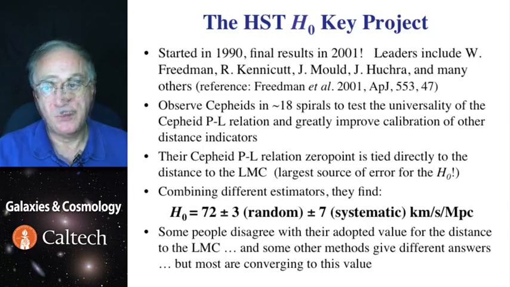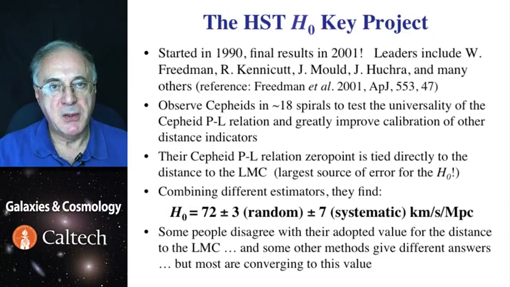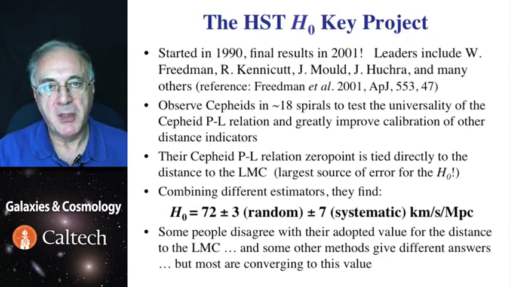the Hubble constant. Now, not only did this team perform wonderful measurements, but they're also very careful about their analysis, and they try to honestly account for every source of error they can think of. And the final result is shown here. Hubble constant turned out to be right in the middle of the disputed interval between 50 and 100 kilometers per second per megaparsec.